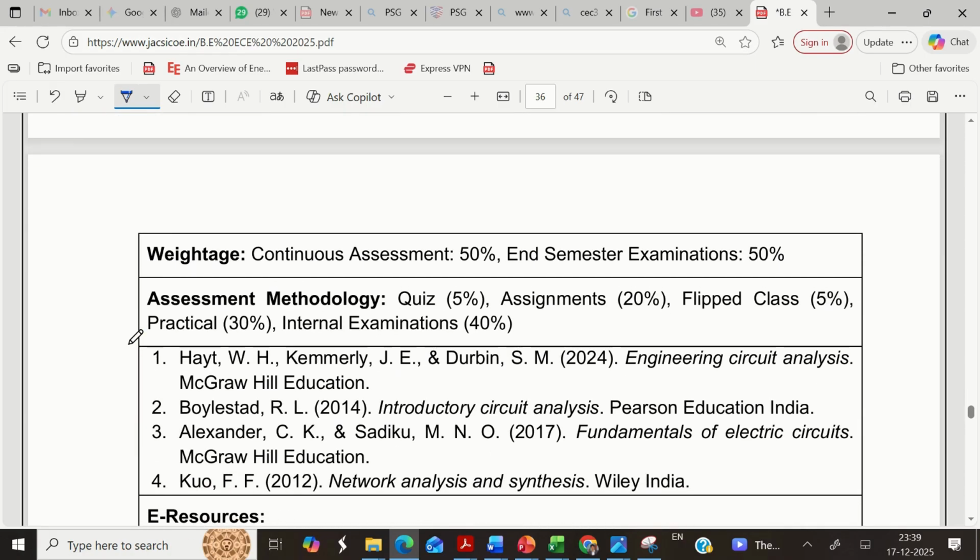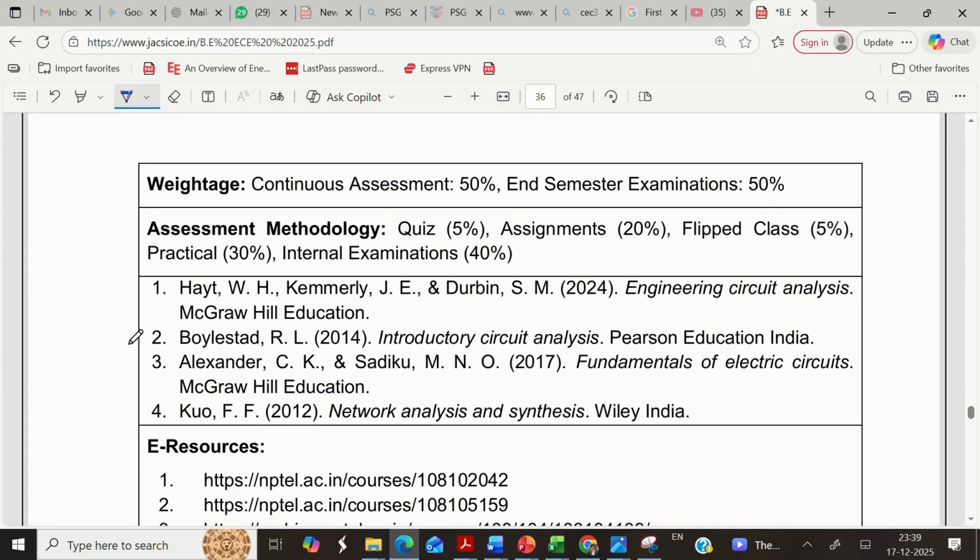The preferred textbook is Hayt and Kemmerly, Engineering Circuit Analysis, and you can also use books like Sadiku.